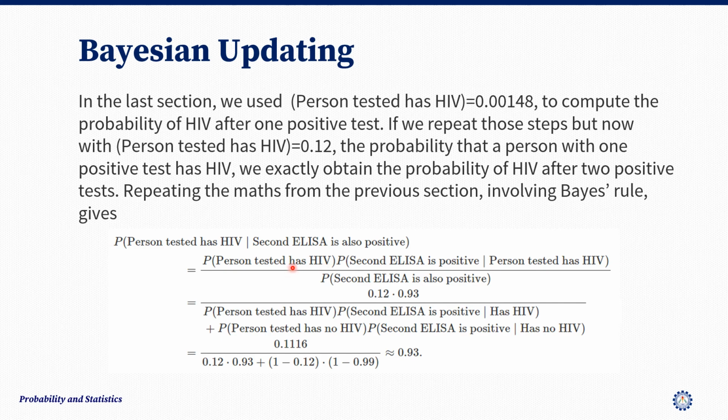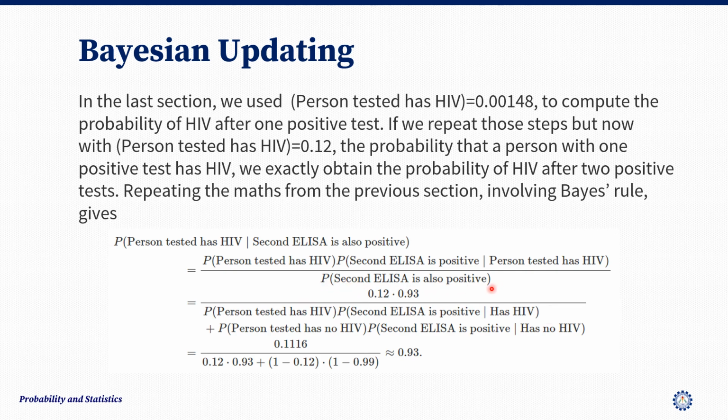multiplied by the probability that the second ELISA is positive given that the person has HIV, which is 0.93, over the probability that the second ELISA is also positive.